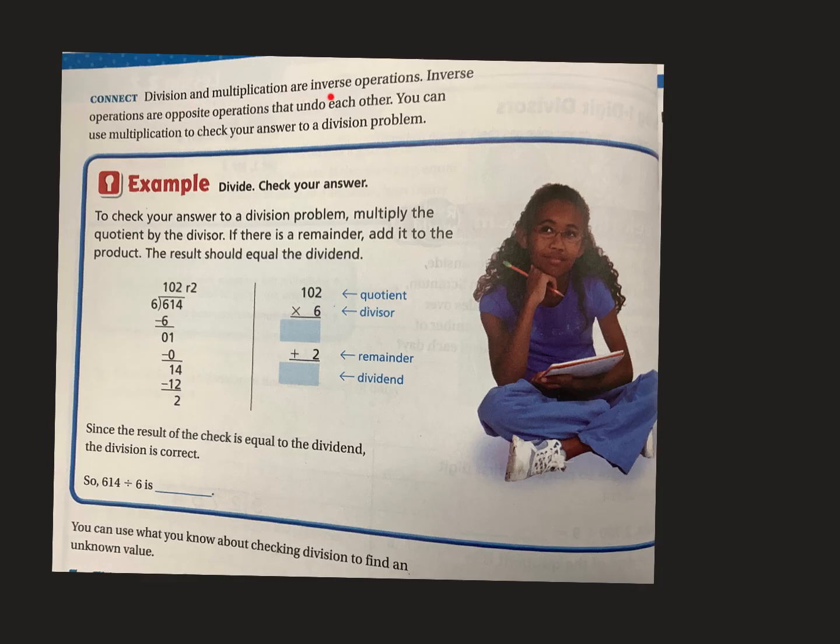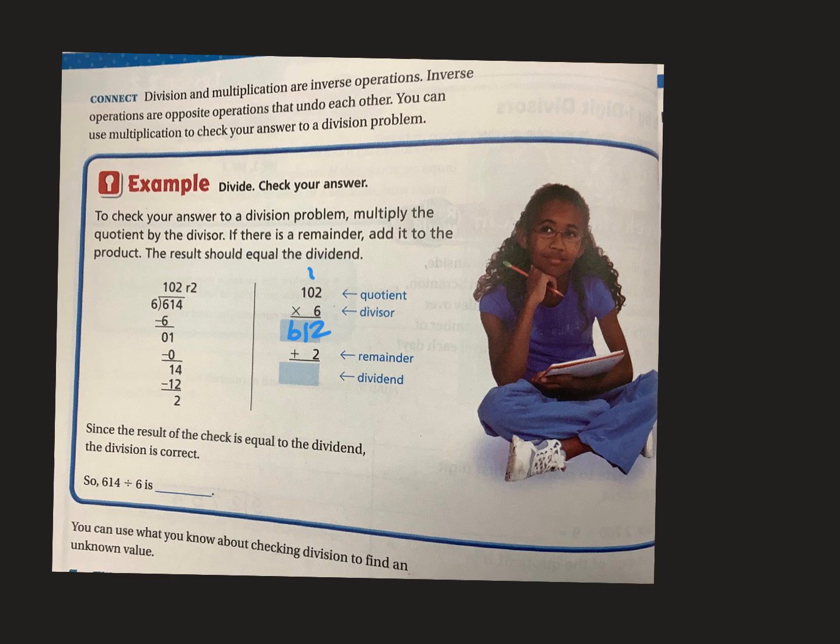Division and multiplication are inverse or opposite operations. Inverse operations are opposite operations that undo each other, and you can use multiplication to check your answer to a division problem. So if I did a calculation and I did 614 divided by 6, and I got 102 with a remainder of 2, I can check this with the opposite of division and do 102 times 6, and I would get 612. 6 times 2 is 12. 6 times 0 is 0 plus 1. 6 times 1 is 6.